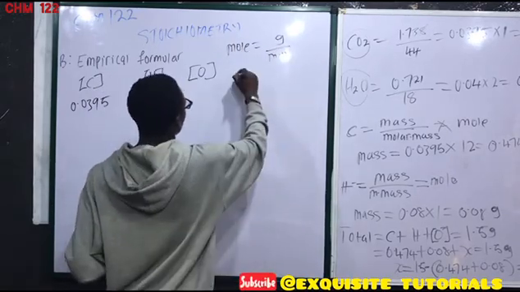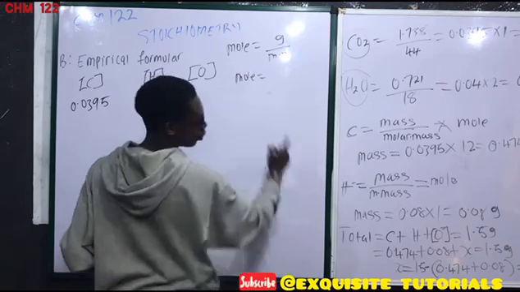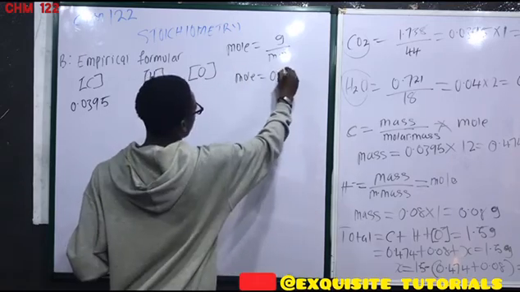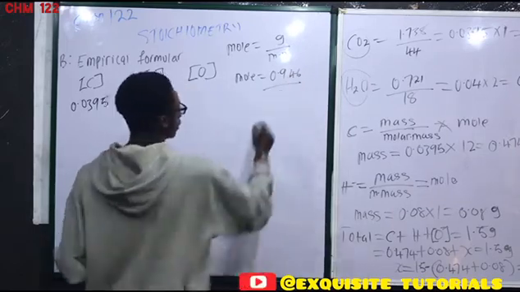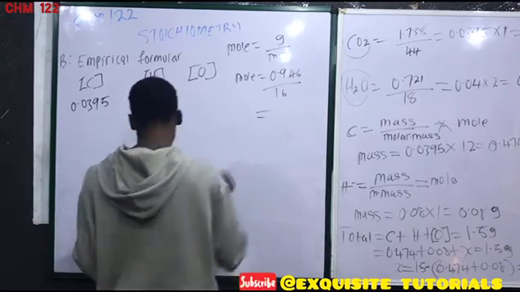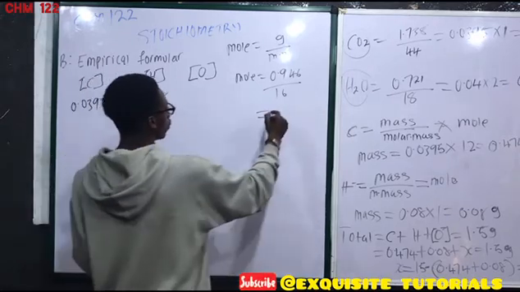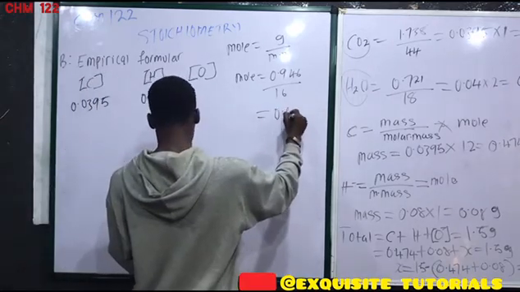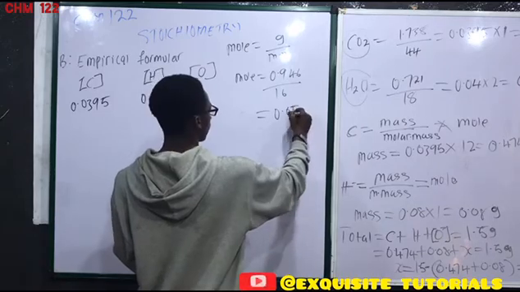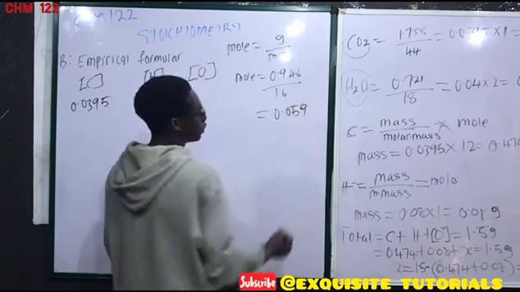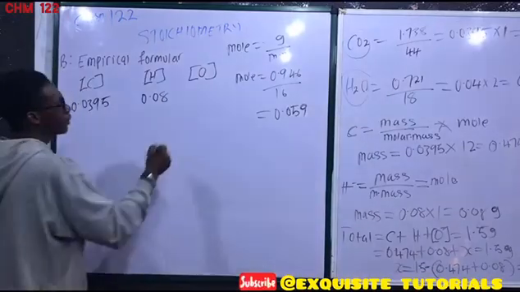So we have mole is equal to 0.946 over oxygen 16, which will give us 0.059 approximately.